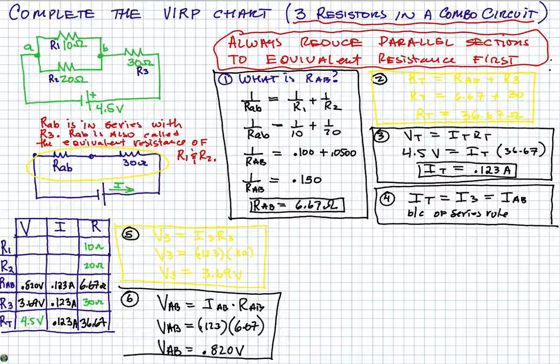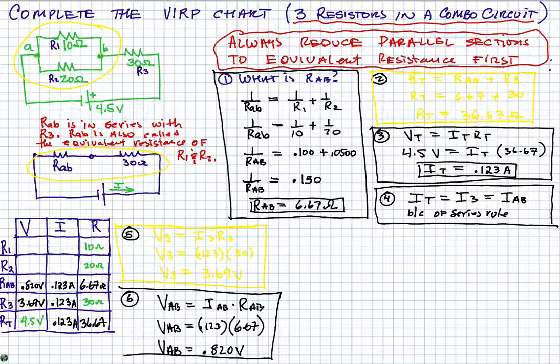What's the next thing I should do? Volts AB. How about, oh, I know. So since I know what the volts, let's go back to the first diagram. So since I know the voltage between point A and point B, R1 has the same voltage as R2. We know that because that's the parallel rule.